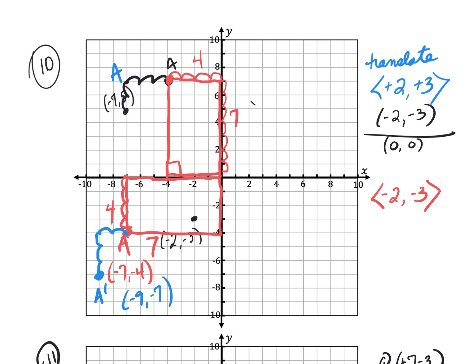Okay. Now, let me use Nicky T's method here, and we'll see if I get the same answer. So my point of rotation now becomes my new X and Y axes. Okay, so remember my original point A was here. I need to change colors so we don't get confused. Okay.